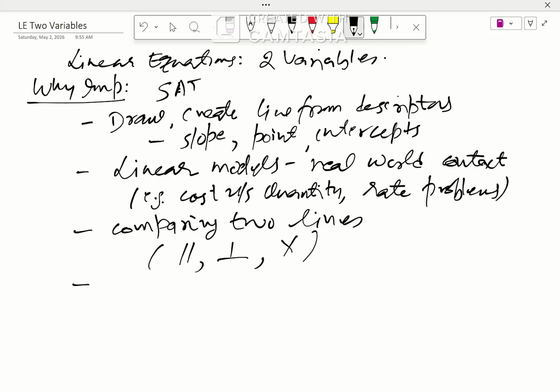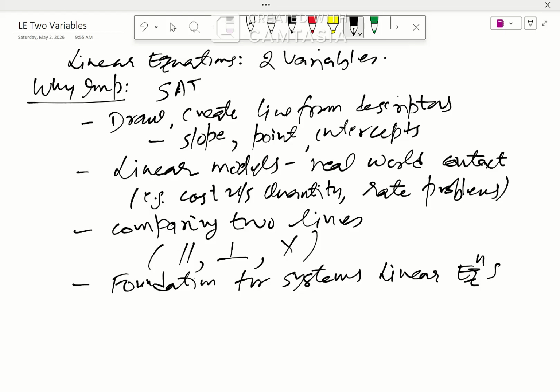What we are going to learn in this chapter will provide you the foundation for some advanced topics that will come later in algebra. For example, systems of linear equations or inequalities, or systems of linear and non-linear equations.